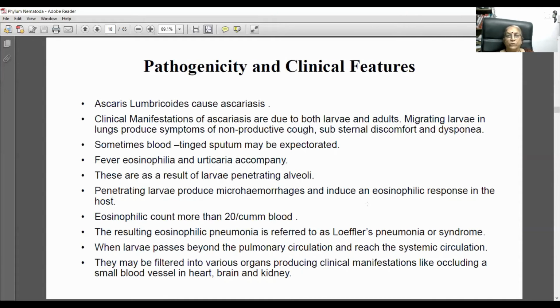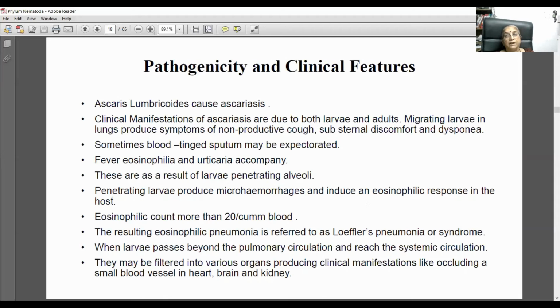There they undergo molting two times and get converted into a rhabditiform larva. So the manifestations are quite common when the larvae are present in the lungs.